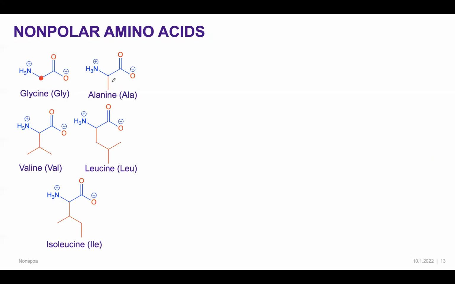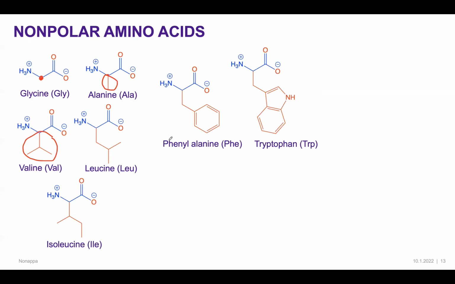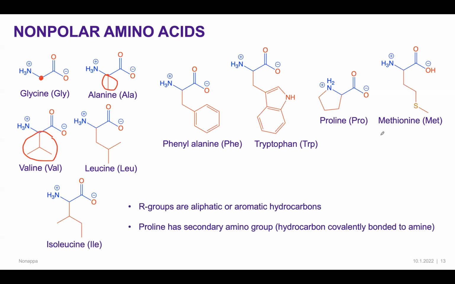They have certain aliphatic or aromatic chains which are attached to the alpha carbon, as you can see here. They only differ in the side chain, either aliphatic or aromatic or some heterocyclic rings. Proline is also known as a non-polar amino acid, and methionine also belongs to this class.